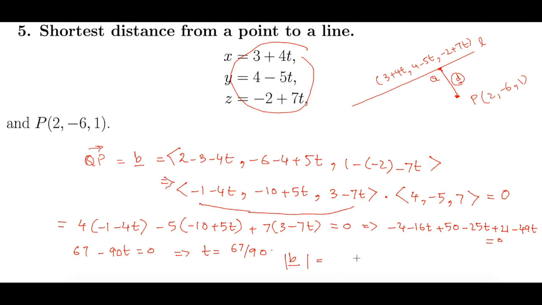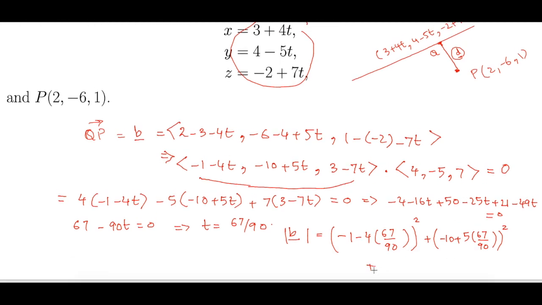So this is equal to minus 1 minus 4 times 67 over 90 squared, plus minus 10 plus 5 times 67 over 90 squared, plus 3 minus 7 times 67 over 90 squared.